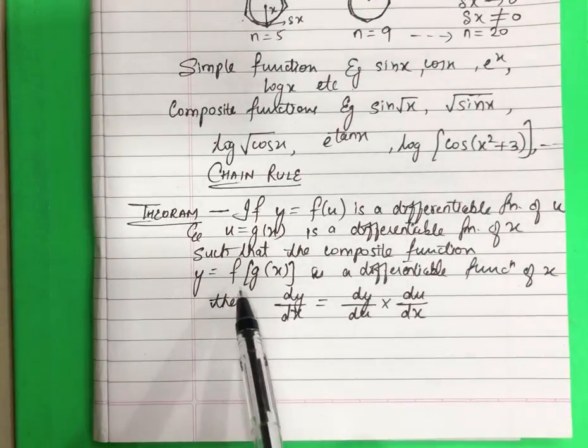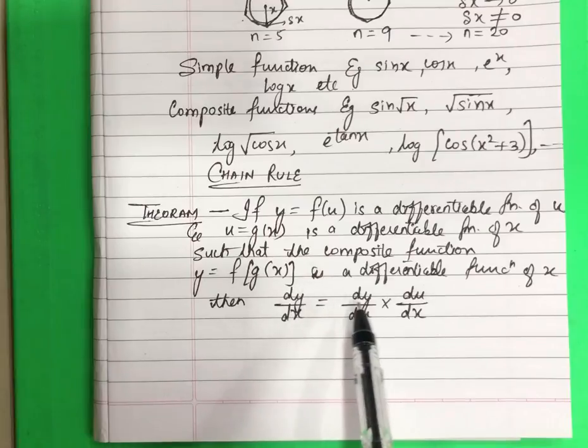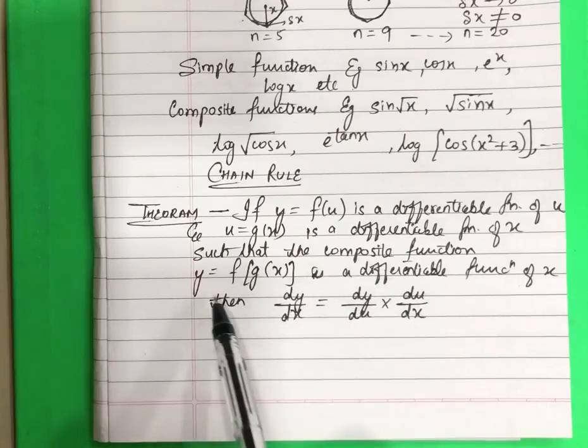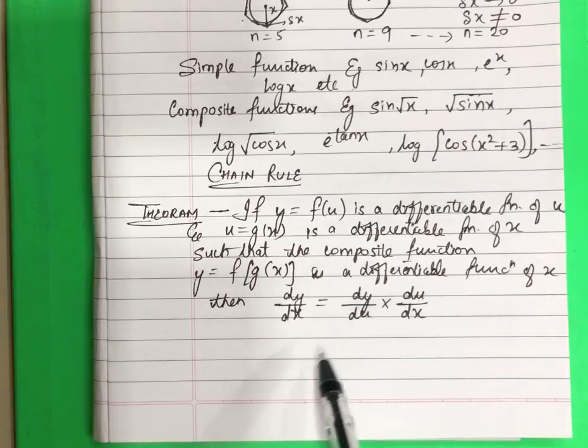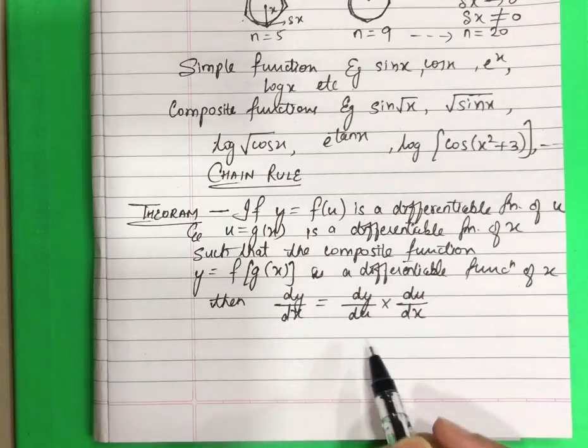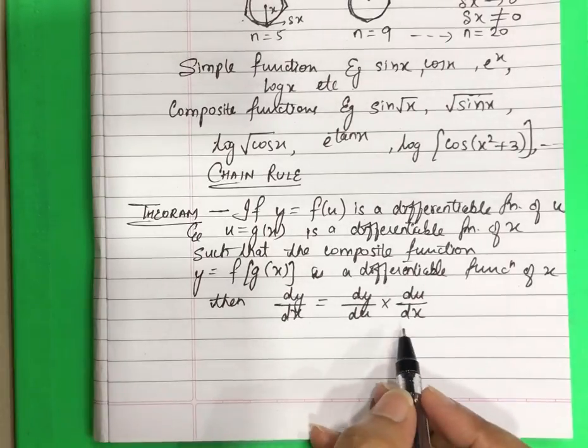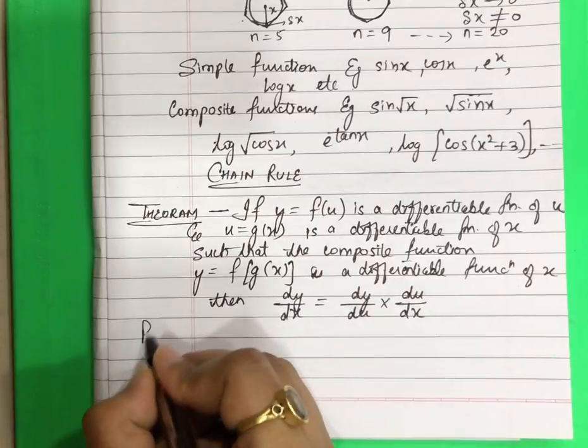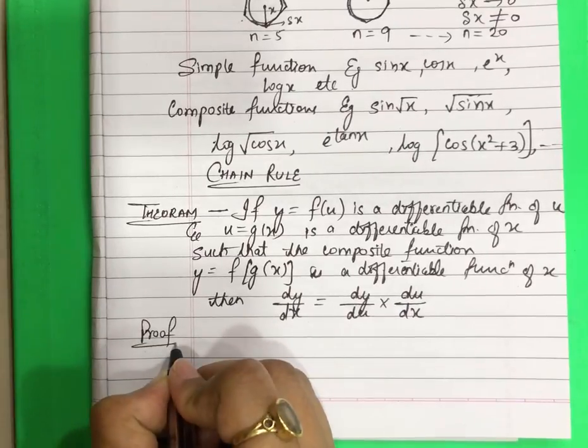Such that the composite function y is equal to f(g(x)) is a differentiable function of x, that means y can be differentiated with respect to x. Then by using these conditions, we need to prove that dy by dx is equal to dy by du into du by dx. So now we are looking for the proof.